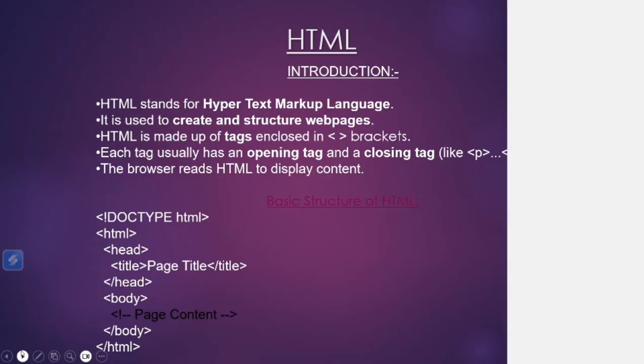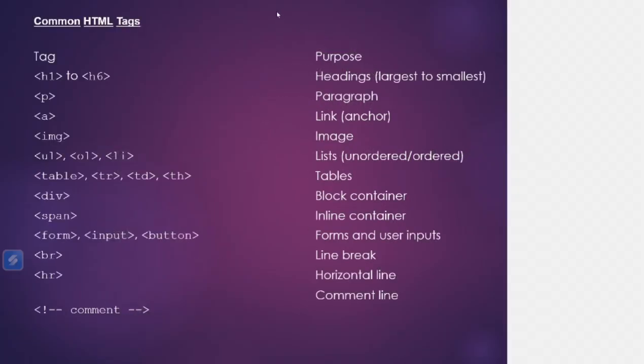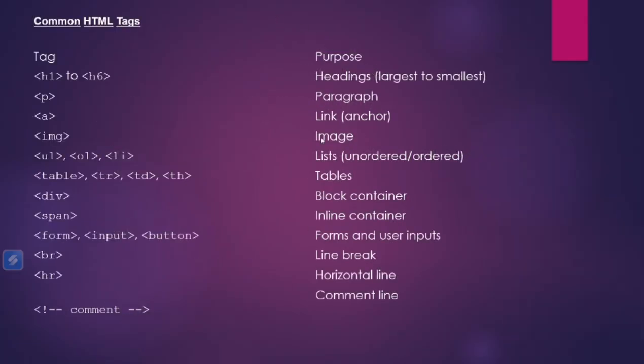Some common HTML tags are also used, like the paragraph tag for paragraphs, the image tag, and some listing tags, like the unordered list ul tag and the ordered list ol tag, and for the formation of forms, the form tag is used.